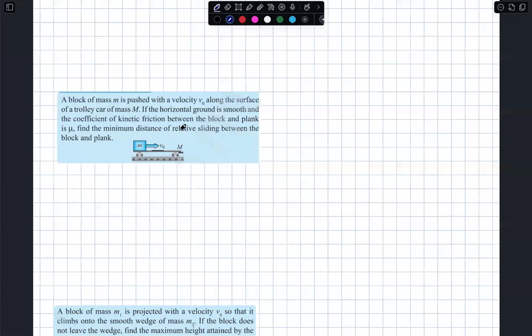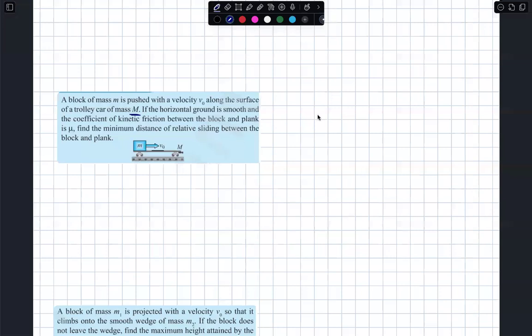Now you have a situation here: a block of mass m is pushed with a velocity v0 along the surface of a trolley car of mass capital M. If the horizontal ground is smooth and the coefficient of kinetic friction between the block and the plank is mu, find the minimum distance of relative sliding between the block and the plank.